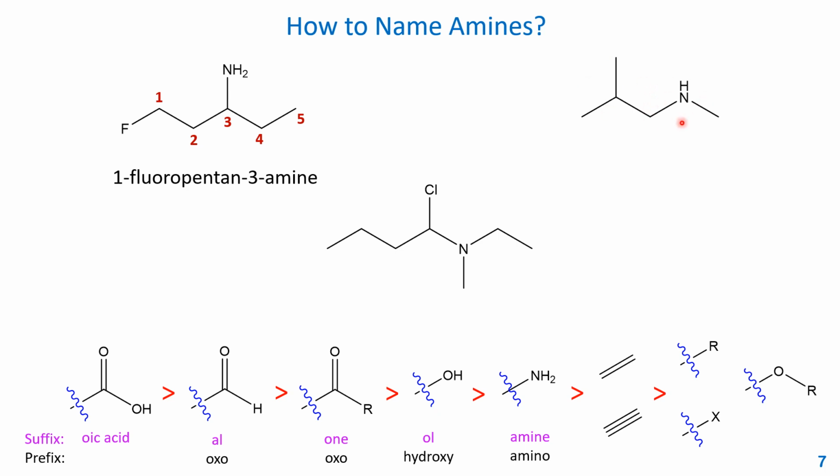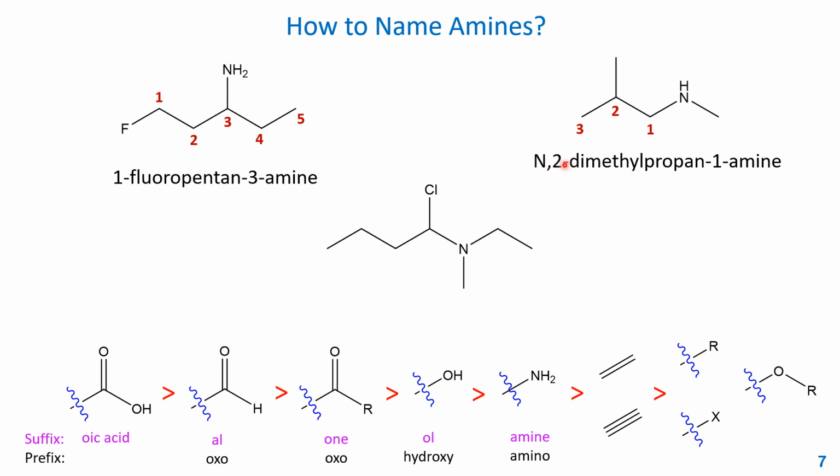For this one, we pick up the longest carbon chain. The other R group will be just a substituent. Okay, number 1, 2, 3. You want to give this amino group the lowest number. Okay, so the name will be N,2-dimethyl. 1 methyl is on nitrogen, 1 methyl is on carbon 2 of the parent. So you have this N, 2, and then dimethyl.